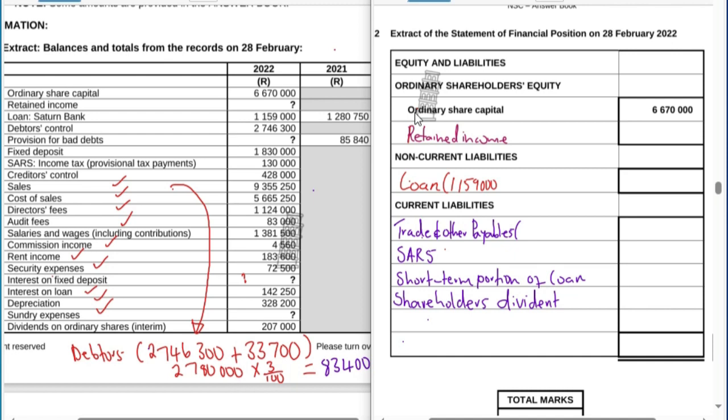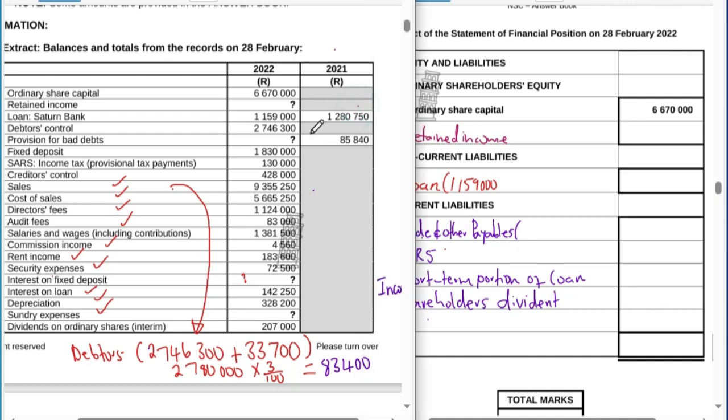And then during 2021 loan it was 1,280,750, and then in 2022 there was a decrease, meaning there was a payment of loan. So how much did we pay?